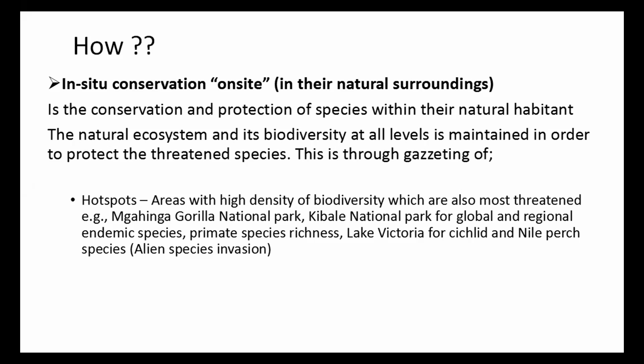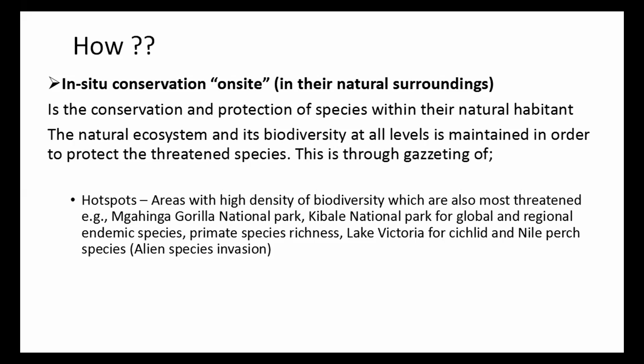They are saying here it is the conservation and protection of species within their natural habitat and their natural ecosystem. Its biodiversity at all levels is maintained in order to protect the threatened species. This is through gazetting. So as I told you, you don't move them, you leave all of them there, you gazette them and protect them, like the UWA people.